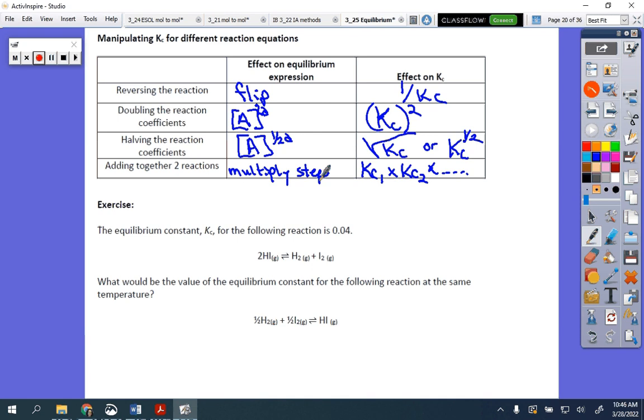You multiply the Kcs. Just the Kcs, yeah. I mean, it does end up essentially being that. I don't really like the effect on equilibrium expression here because the equilibrium expression of each step is going to be the same. You're just multiplying them all together.